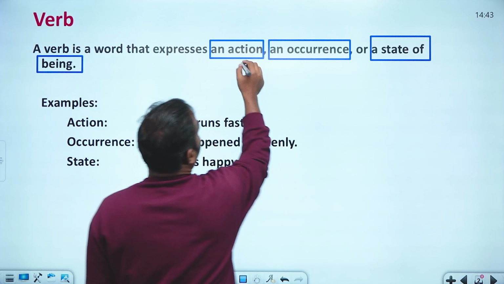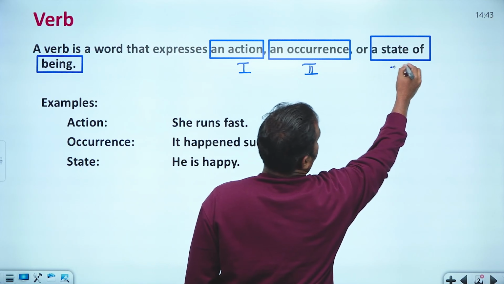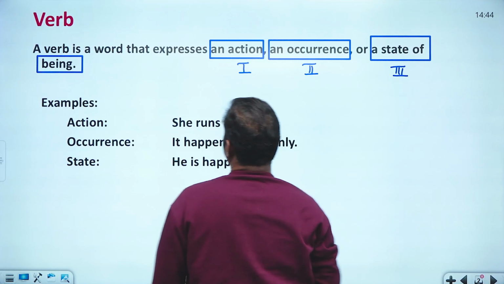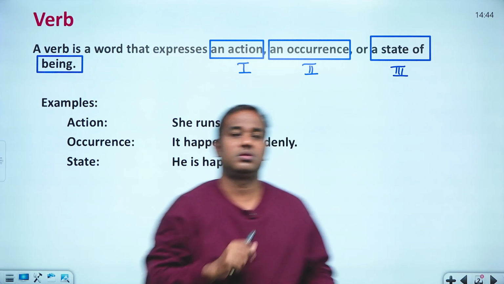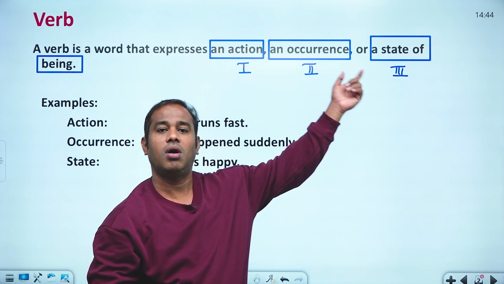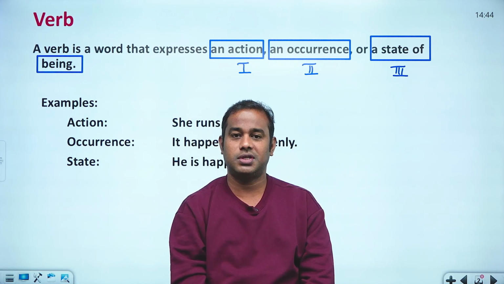We have discussed this in the previous video, where the verb is a word that expresses an action, an occurrence, or a state of being. So the definition is still the same.